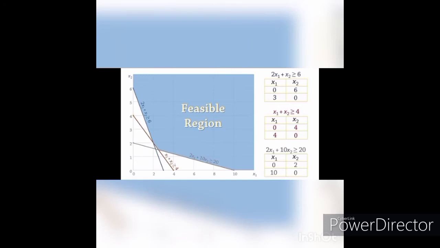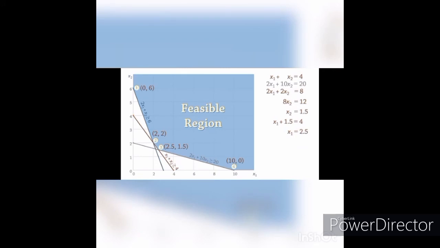And because all of them are greater-than constraints, the feasible region will be in the upper right. So the candidates for the optimal solution will be these 4 extreme or corner points.